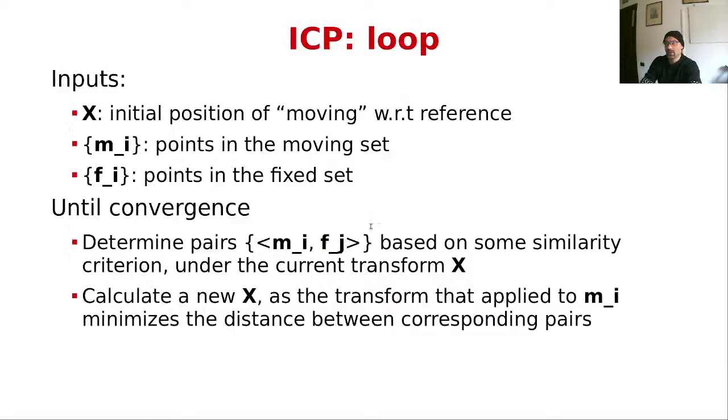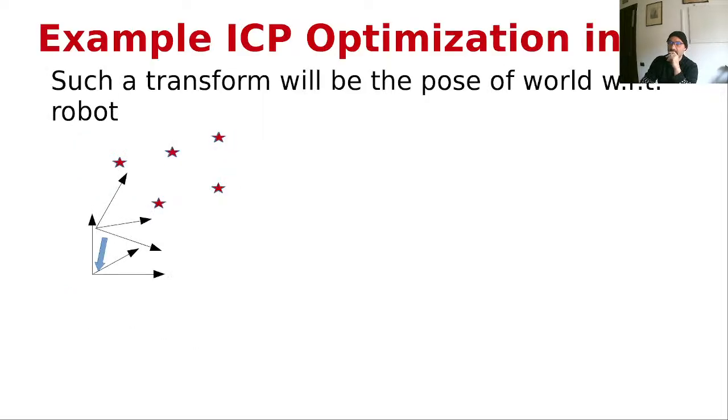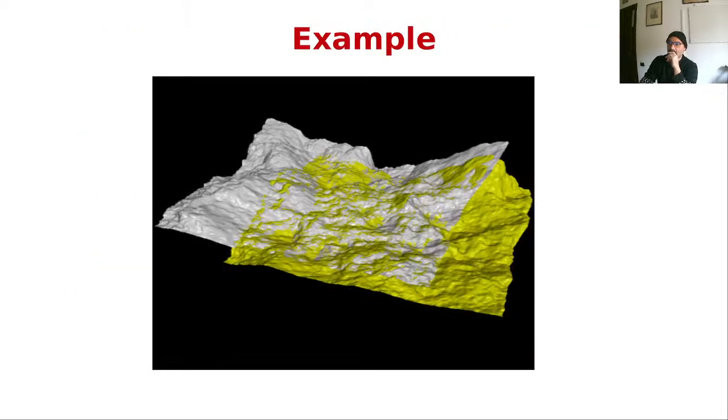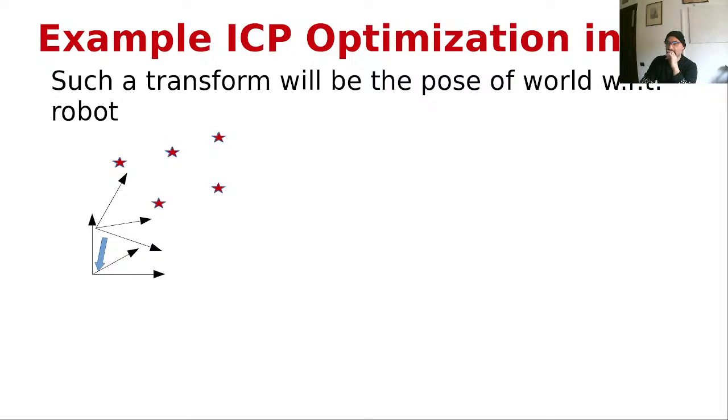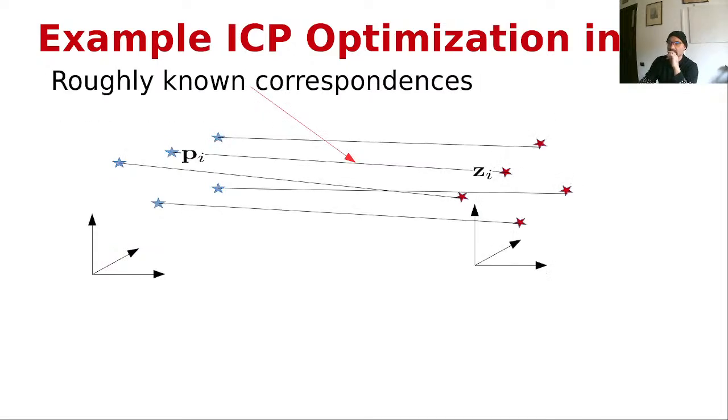Now, with the tools that we have, how are we going to implement this mechanism? Well, let me tell you that assuming that you know the correspondences, so these vectors over here, the transformation would be extremely easy to get, doing some little mathematics that is explained in Probabilistic Robotics and also a little bit in computer vision.